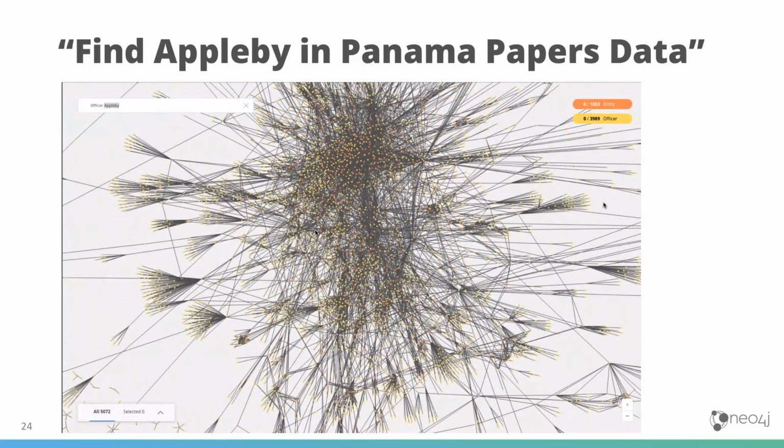So you can replace Appleby with another officer, and then you'll see the search phrase essentially run with that officer in mind, and then it will return the whole network around that particular officer, all the different entities, all of the relationships, etc.